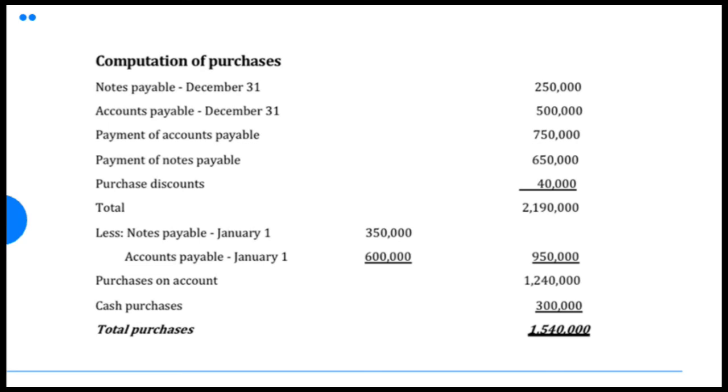So, we have 1,240,000. So, we need also to add the cash purchases para makumpleto na natin yung total purchases. So, yung 1,240,000 plus cash purchases na 300,000, pag-aadin natin, ang total line is 1,540,000 pesos. So, our total purchases is 1,540,000 pesos.